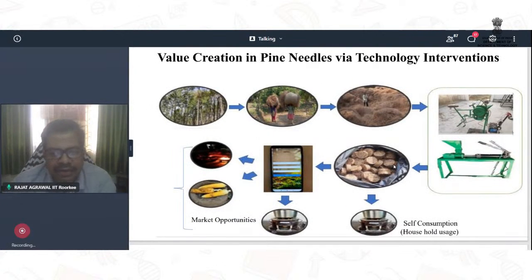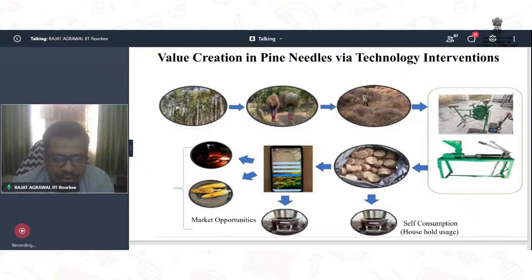We have done some very small value addition in this pine needle project, a very small technological intervention, and we followed every step we discussed in our earlier meetings in the SEED division also. We have developed the manufacturing capability of micro and small enterprises, so that whatever machine we develop under this project, there is a manufacturer for that machine.